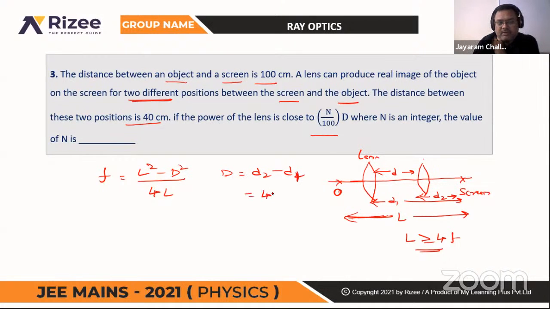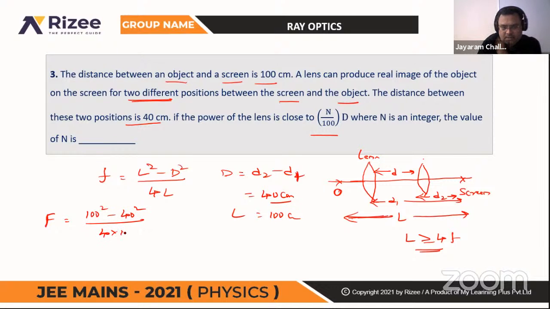So this value is given as 40 centimeters and the distance L has been given as 100 centimeters. Put everything in the formula. So focus F is equal to 100 square minus 40 square by 4 into 100. He is asking the power of this.